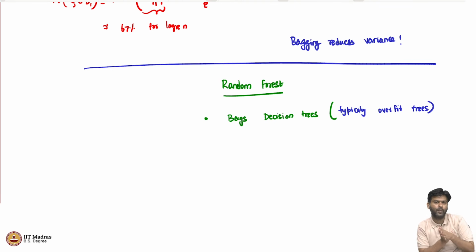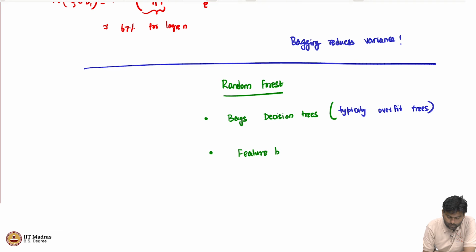That is, you don't cross validate or anything, you grow the tree so that it becomes as pure as possible. That is, you get to zero training error. Then, in addition to this, when you are actually fitting this tree, you do something called feature bagging.